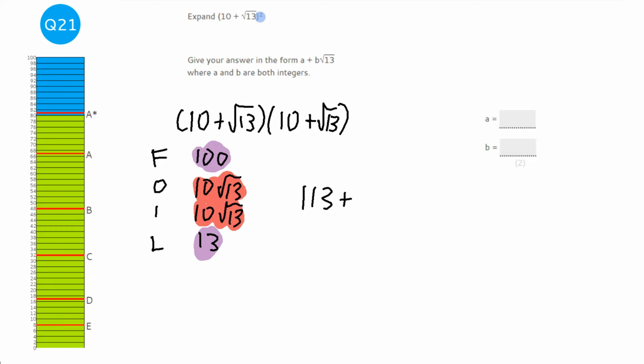So if that was 10x plus 10x, we'd know it's 20x. It's the same rules with surds. 10 lots of root 13 plus another 10 lots of root 13 are 20 lots of root 13. So answering the question, A is going to be 113 because that's the number on its own, and the coefficient, the number before the root 13, is 20.